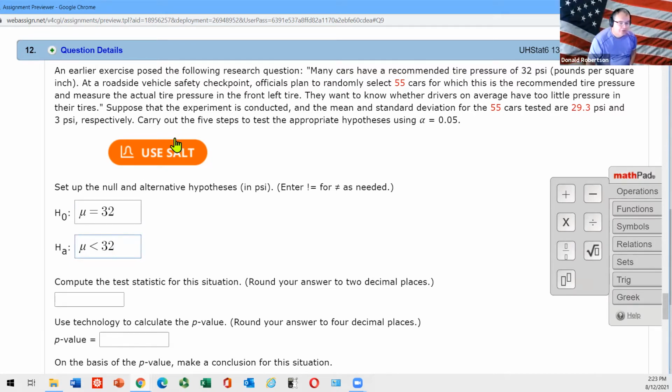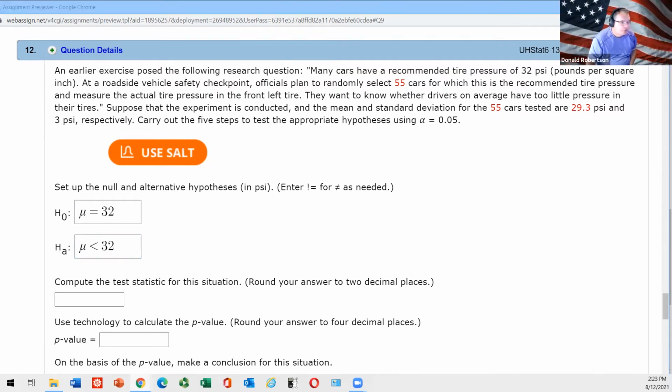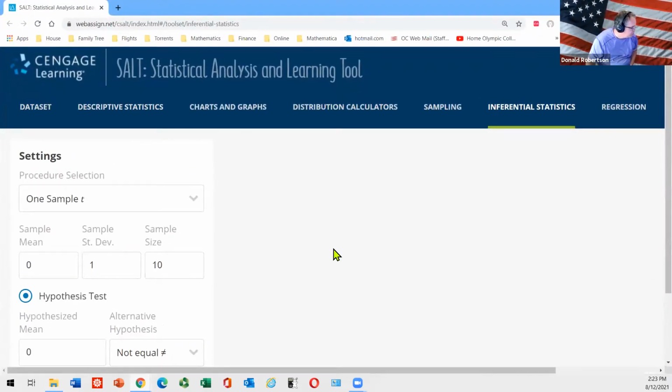So I'm now going to hit the use SALT button. I'm going to bring it here so you can see it. And I'm going to type in the sample: the 55 cars that they checked, the mean is 29.3, and the standard deviation was 3. And they did it for 55 cars.